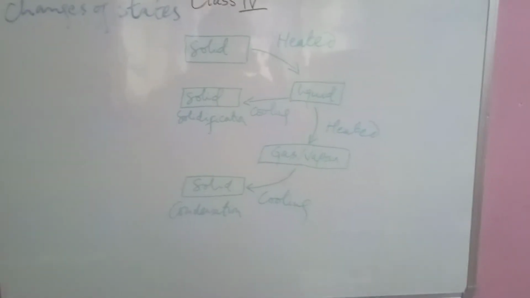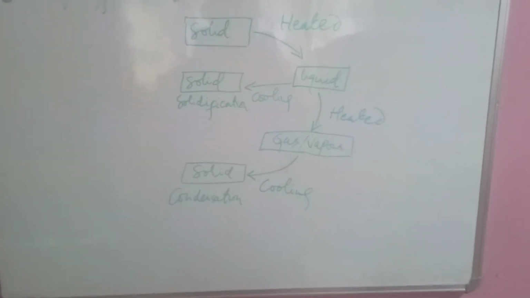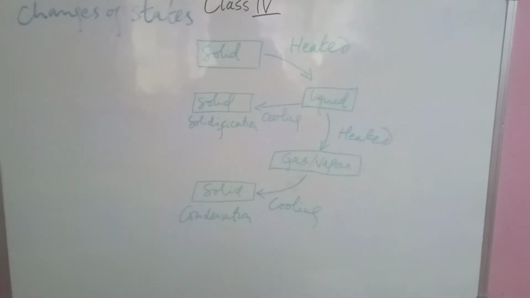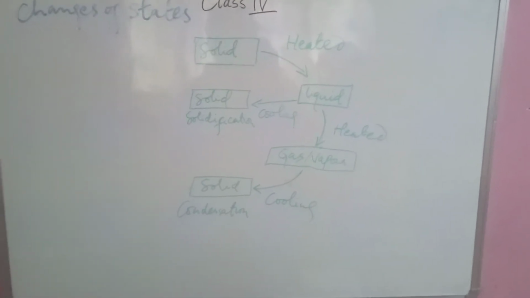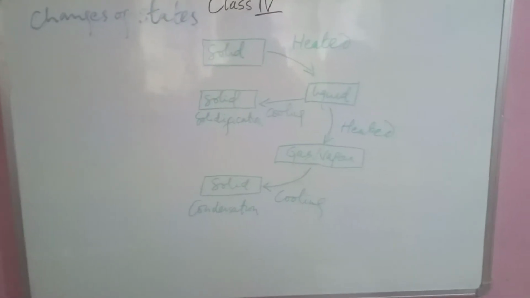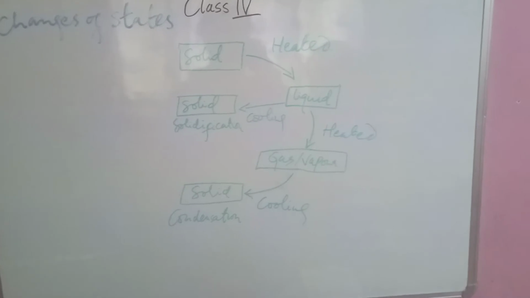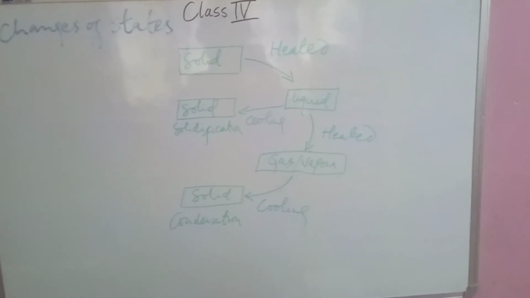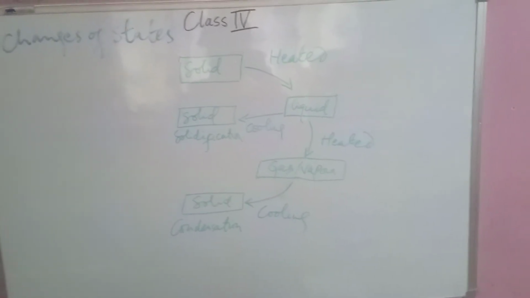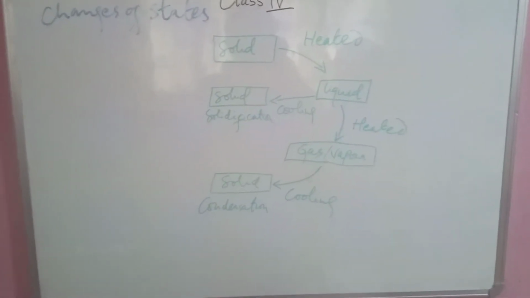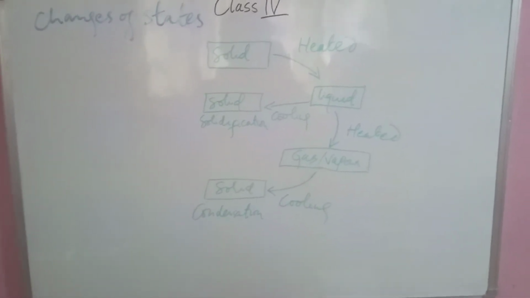If the liquid is cooled, it is converted into solid form, which is called solidification. And if the gas or vapor is cooled, it is converted into liquid, which is called condensation.